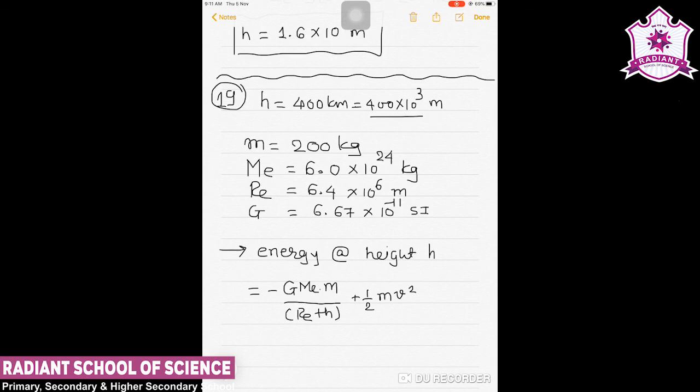So here also we have one more piece of knowledge, that v square can be written as G Me over Re plus h.